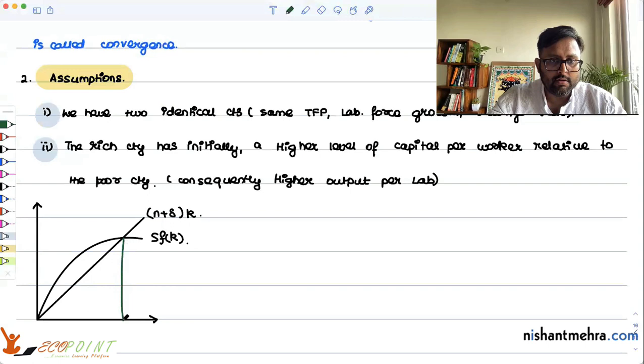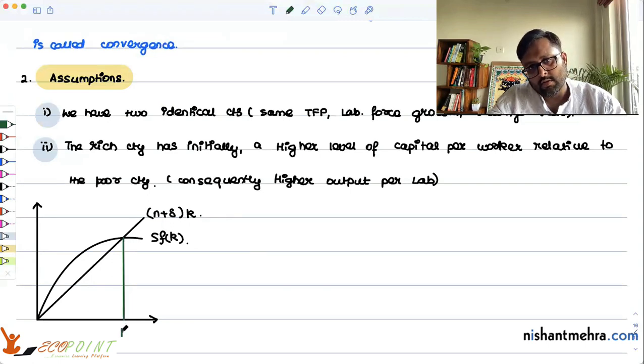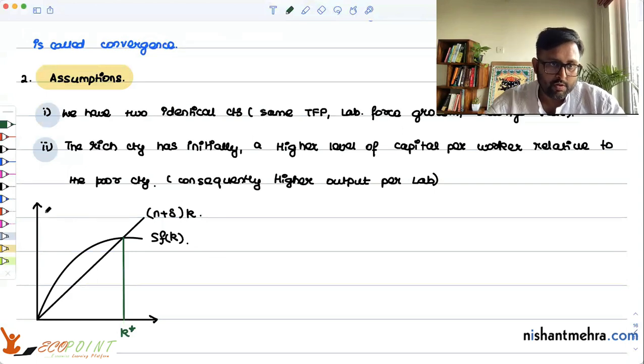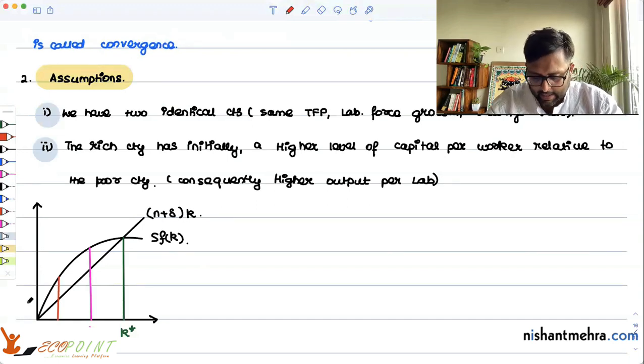And at this point you have the steady state level of capital labor ratio. Now, the rich country is starting with the higher capital labor ratio, and the poor country is starting with the lower capital labor ratio, right?